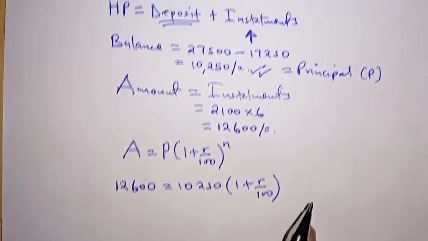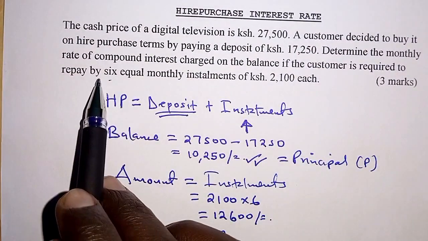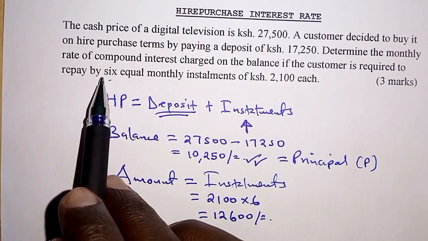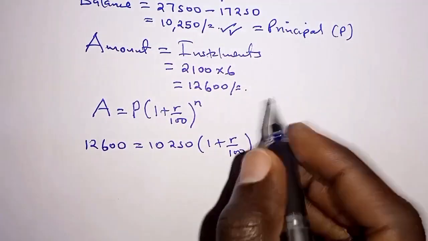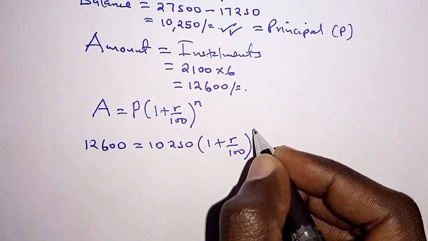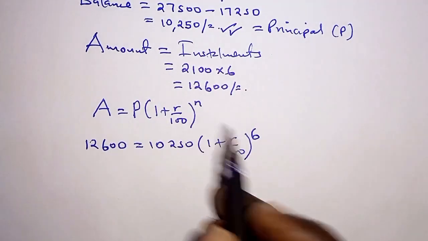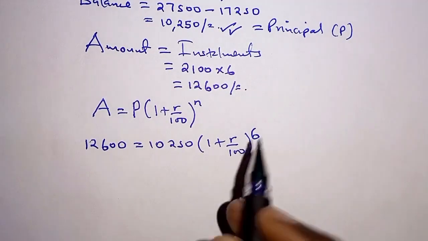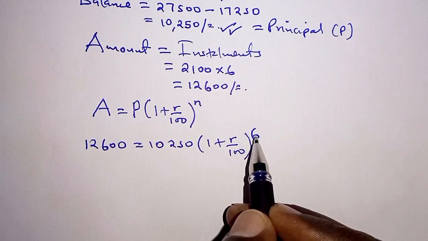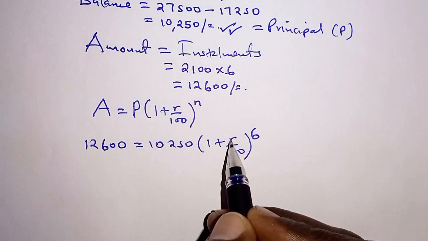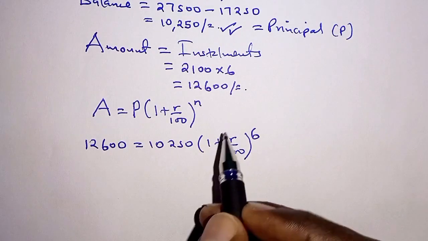N is a period. Remember, there are 6 monthly installments. We have 6 months. So here we raise it to power 6, that is n is 6. Now remember, because the period is in months, the rate will be monthly.